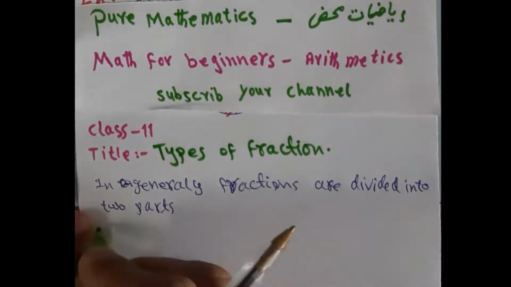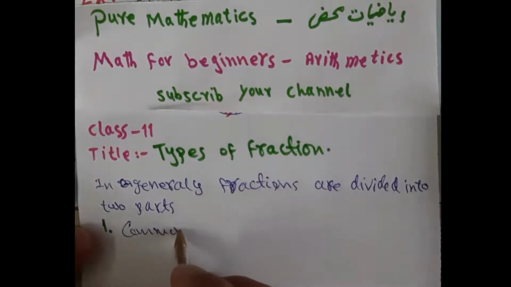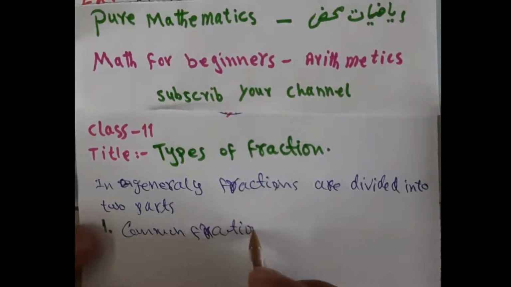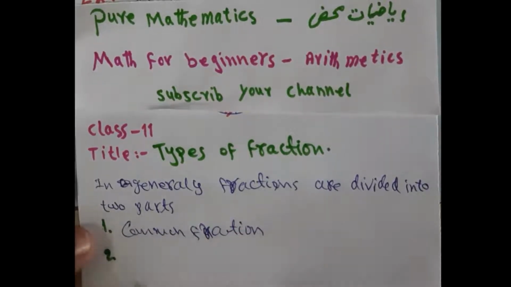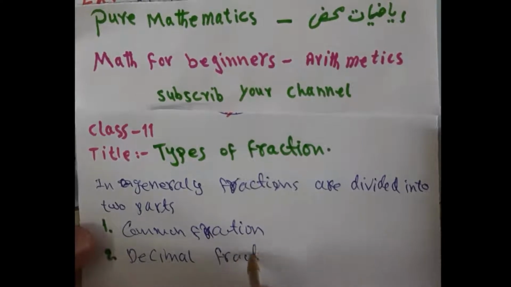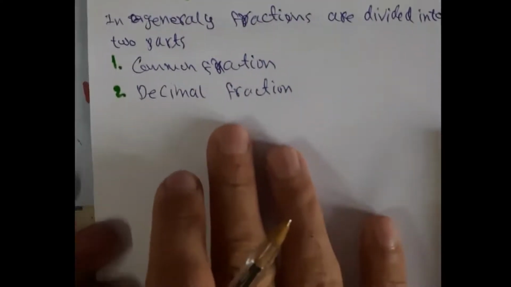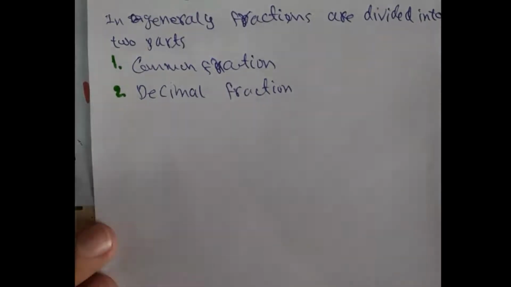Number one, common fraction. Number two, decimal fraction. We want to define these fractions.